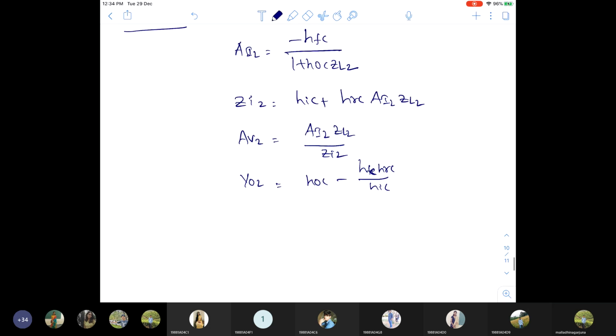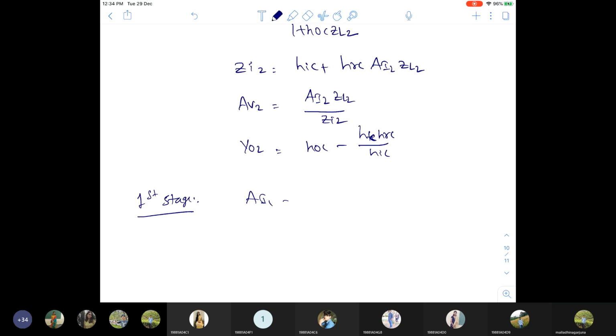And the first stage is also CC amplifier. So again AI1 equal to minus HFC by 1 plus HOC into ZL1, where ZL1 is what? ZL1 is nothing but RC1 parallel, the output resistance, parallel to ZI2.